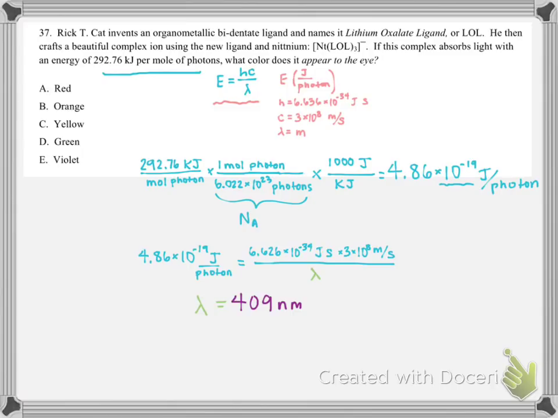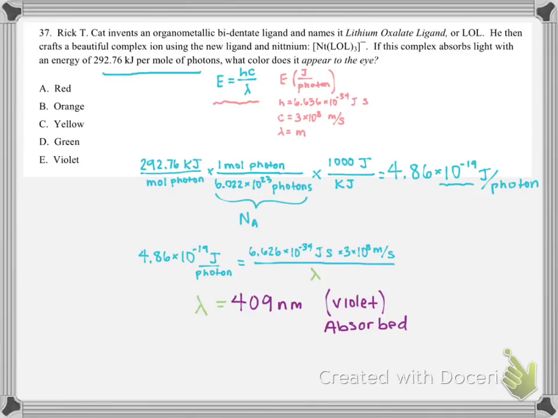Okay, so we have that number, and so now what we do is we take out our data sheet and we look for where 409 nanometers falls on the color wheel, and we see that this is violet. Okay, so that's the color absorbed. But it's asking for the color that we see.